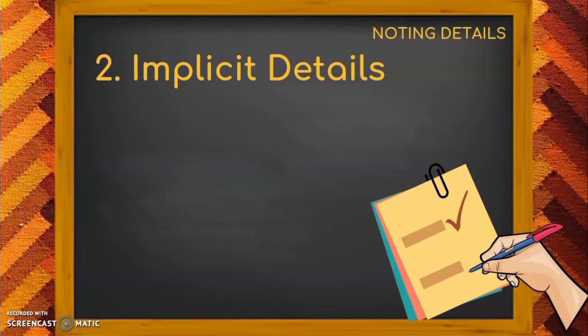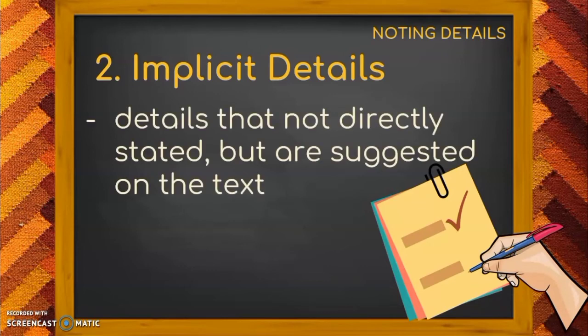Next, we have the second type of details. We have implicit details. These are used to describe or define a general state. These are the details that we cannot really see because they are not plainly expressed. These are those which we are simply given or suggested because they are not clearly stated. When reading a story, what are the implicit details that we have?